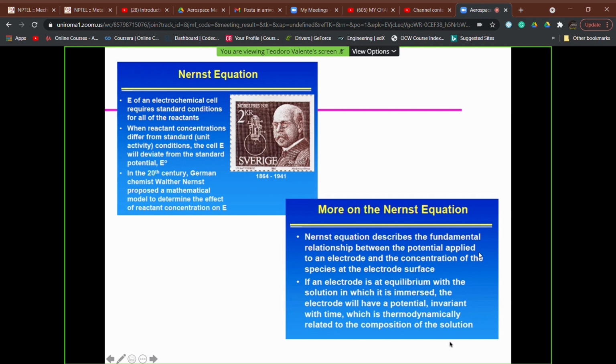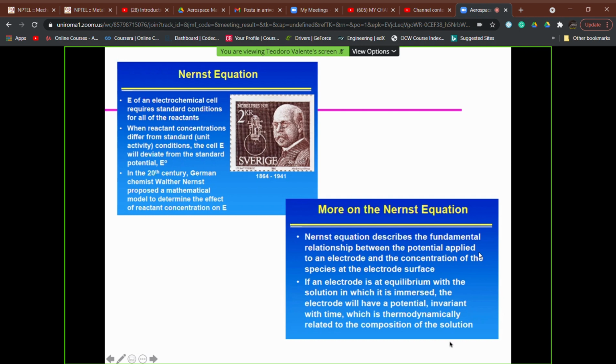We can calculate the value of the single potential and then understand, and this is obviously linked with the Gibbs free concept, if we do have a driving force in terms of difference of potential, which allows us to say, yes, that reaction can happen or that reaction cannot happen.